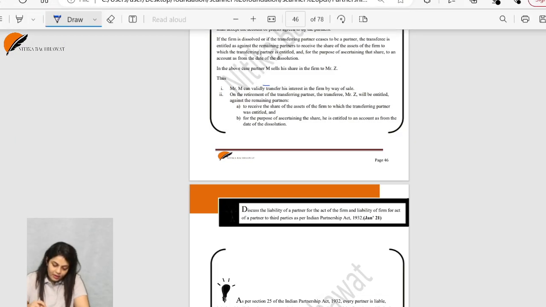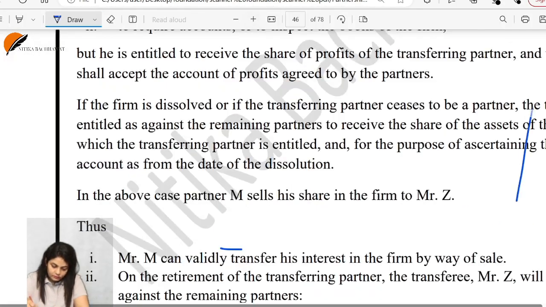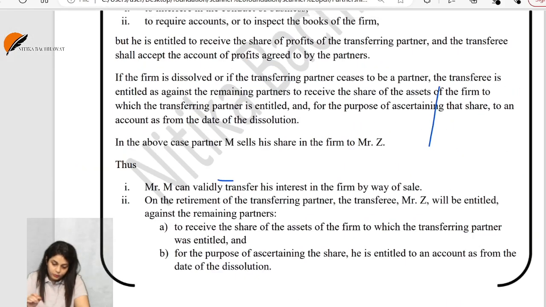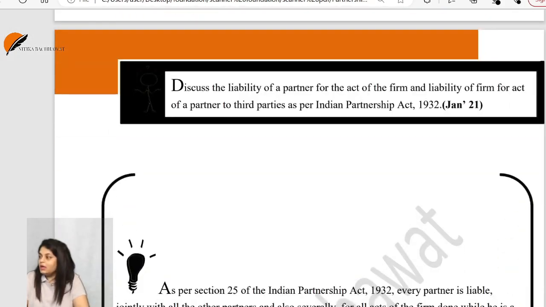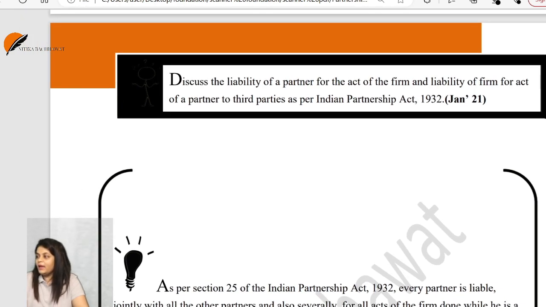Discuss the liability of a partner for the act of the firm and the liability of the firm for the act of the partner to third parties.